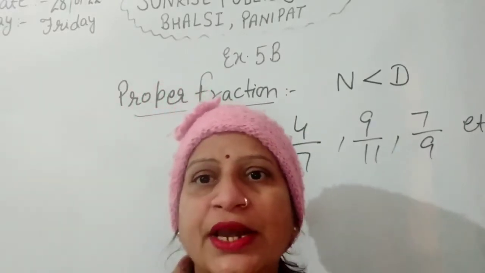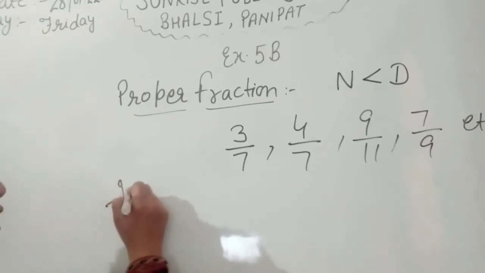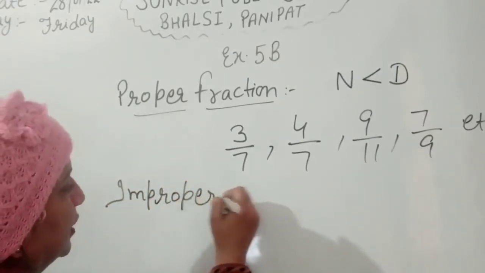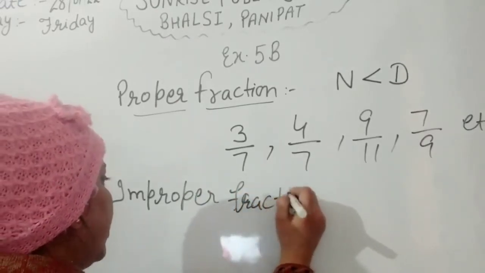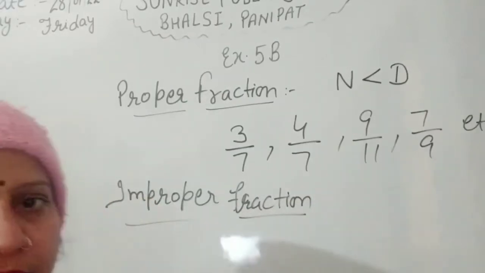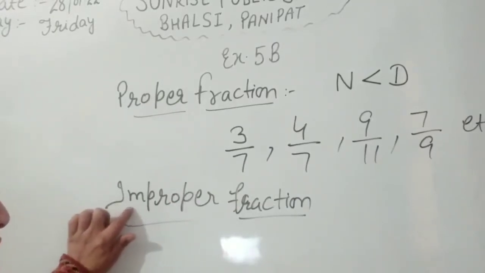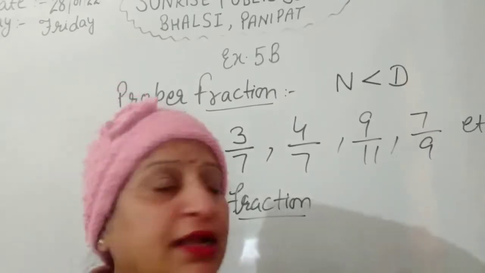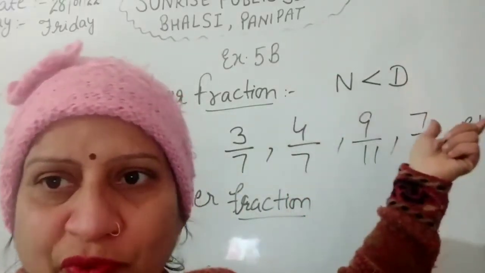Clear this one? Now our second type of fraction is the improper fraction. Here you see that the name is improper. It means that this fraction is the opposite of the first one.